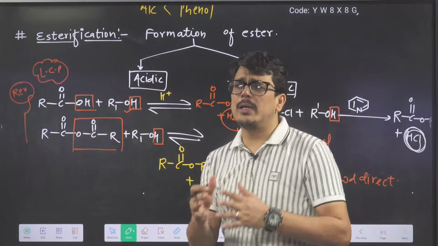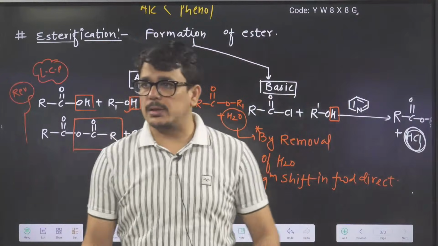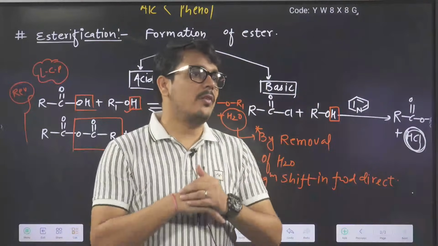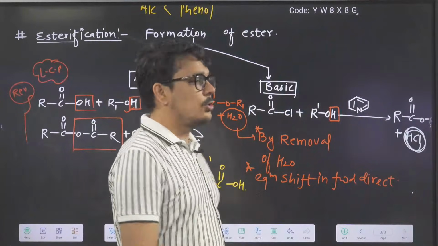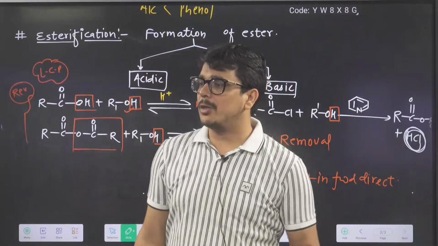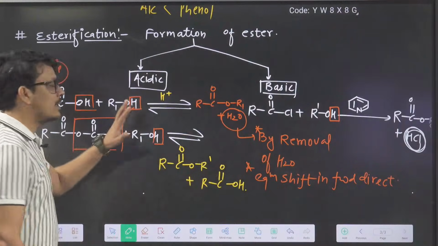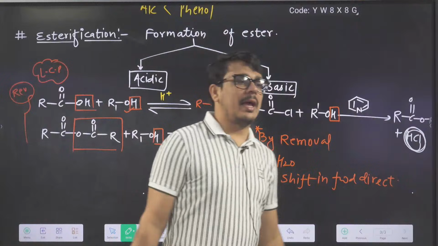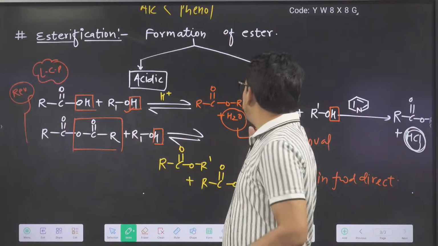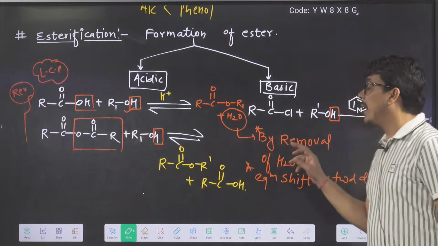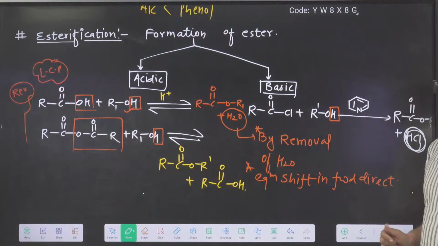So how many ways are there for the formation of ester? If you check here, there are a total of 3 ways. Out of 3 ways, 2 ways are in acidic medium and 1 way in which medium? Basic medium. In acidic medium, we have carboxylic acid plus alcohol and acid anhydride plus alcohol, while in basic medium we have acid chloride plus which one here?